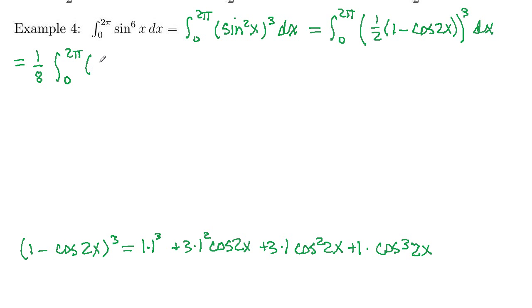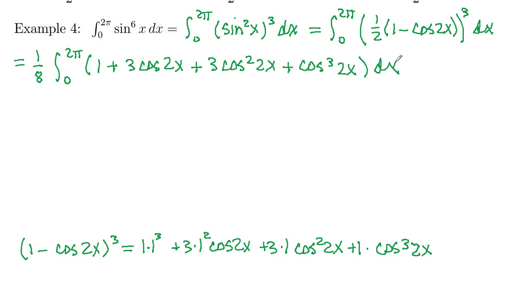So we are integrating 1 in the first term, 3 cosine 2x, 3 cosine squared 2x, and then cosine cubed 2x, dx.